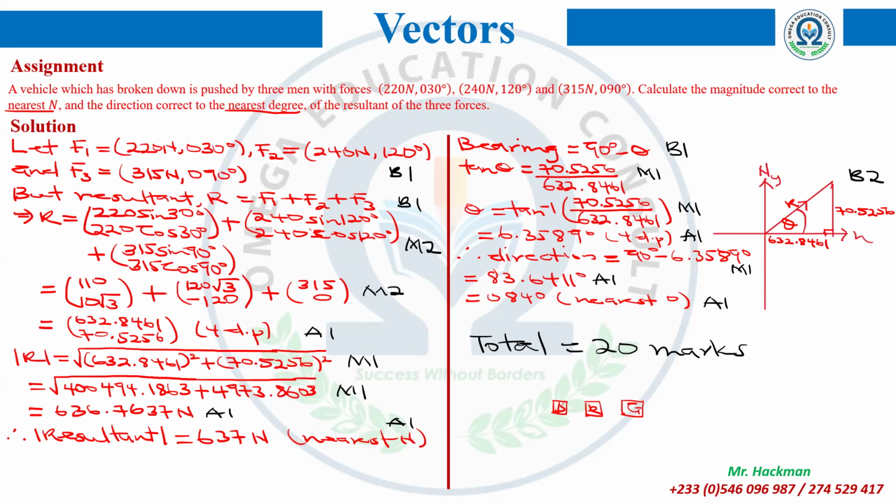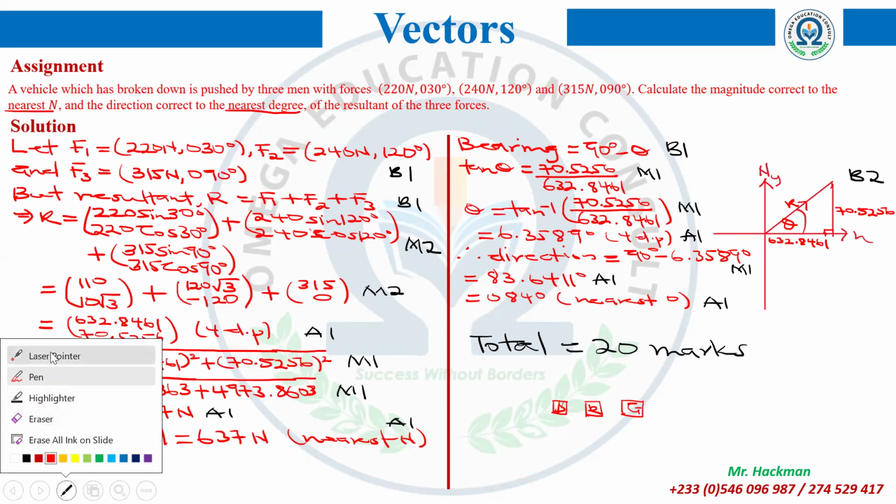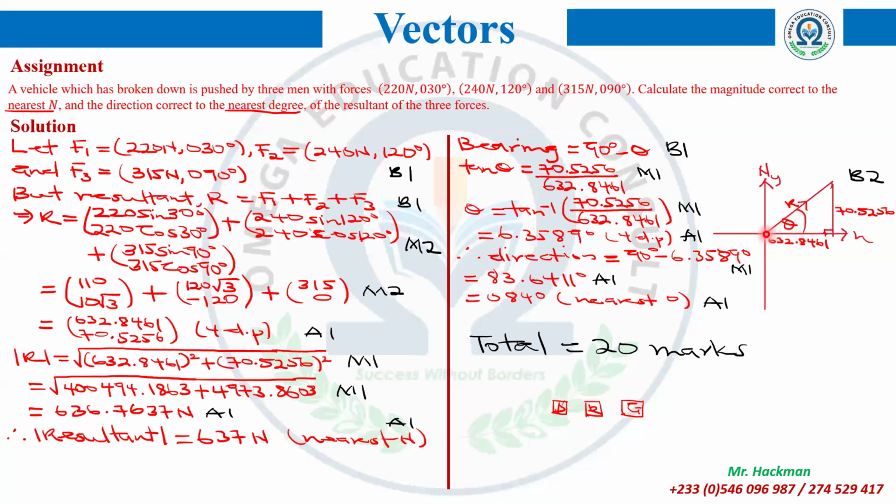So you move this unit on the positive X axis, and the Y component is also positive, so you move up, then you state the values. Then this angle here will be theta. So what you have here will be your vector R, your resultant, because this is the X component of the resultant and the Y component of the resultant.